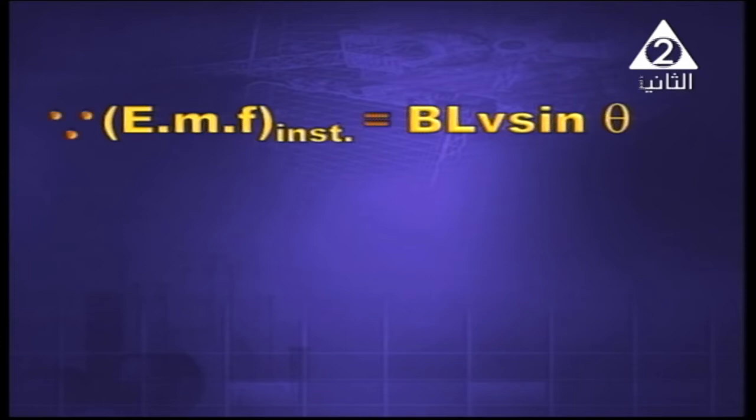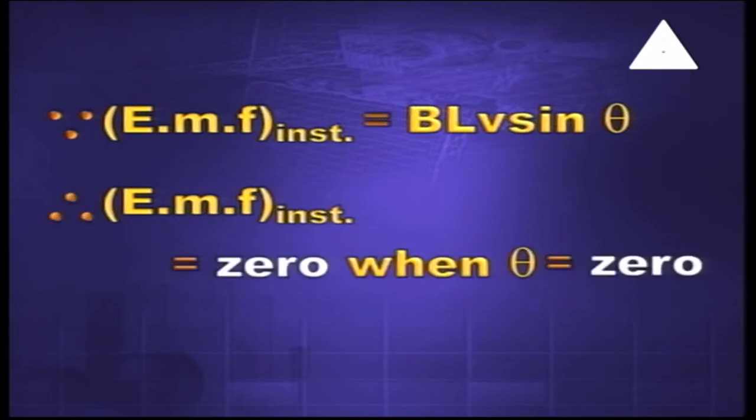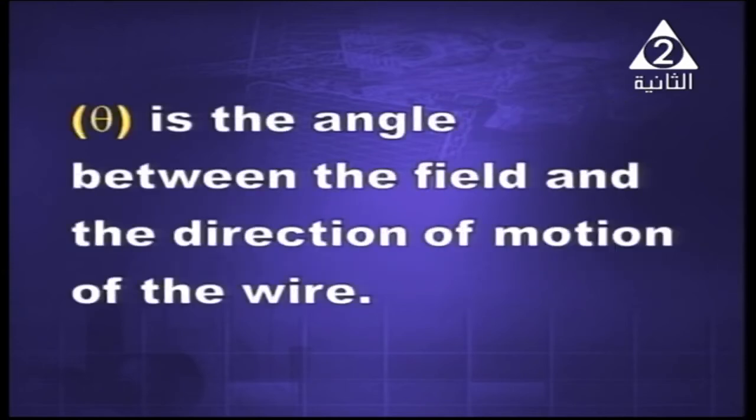B is the magnetic flux density, L is the length of the wire, V is the linear velocity, and theta is the angle between the direction of motion of the wire and the field. So the EMF equals 0 when theta is 0, because sine 0 equals 0. The wire must be moved parallel to the field.